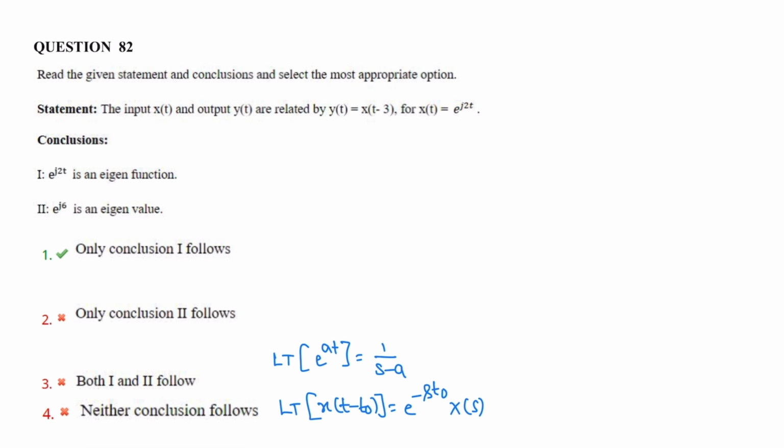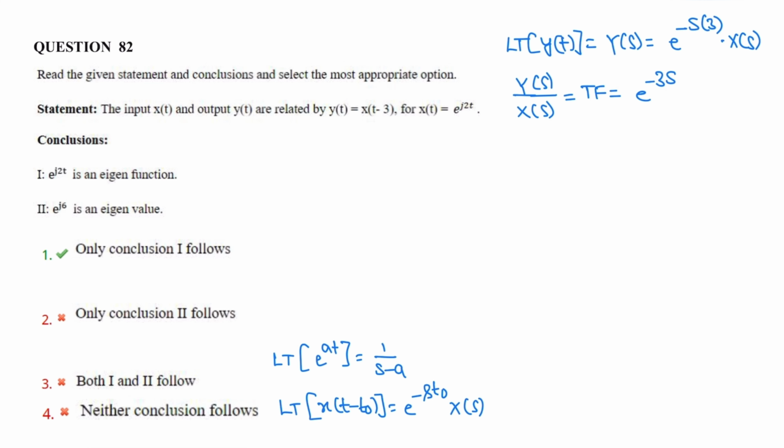Now y of t is x of t minus 3. The Laplace transform of y of t is Y of s, that is, x of t minus t naught gives e power minus s t naught, where t naught is 3, times X of s. Now Y of s by X of s is the transfer function of the system. Its value is e power minus 3s.